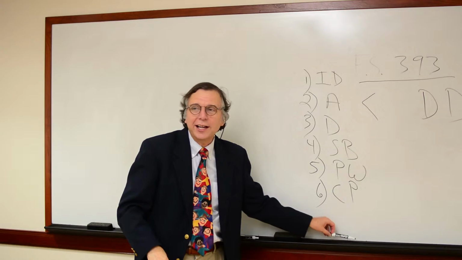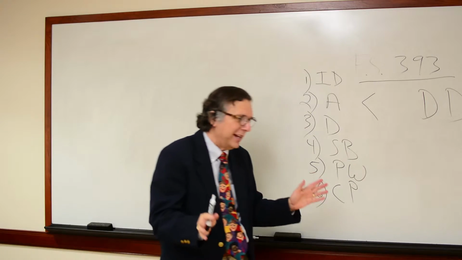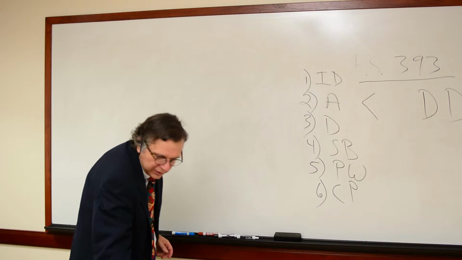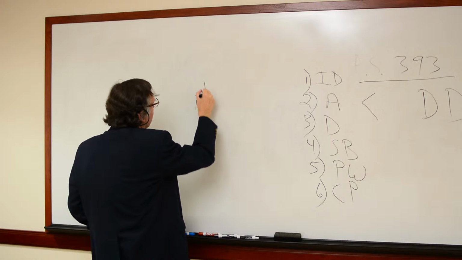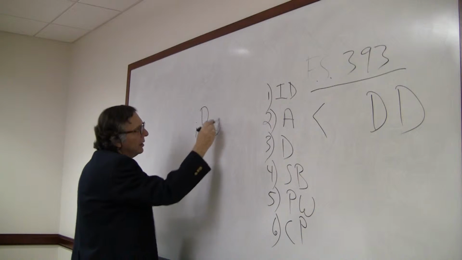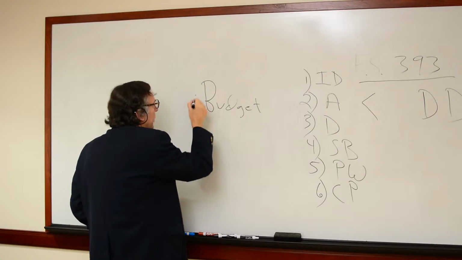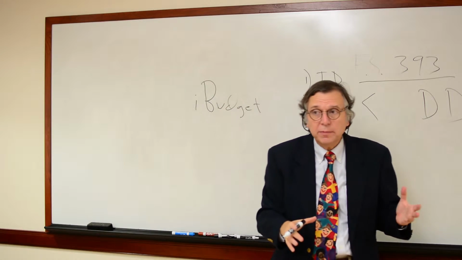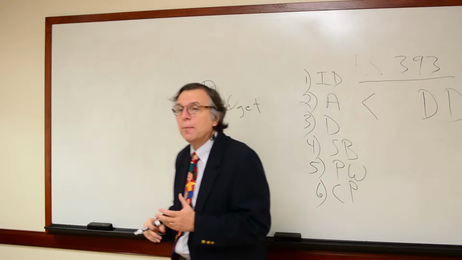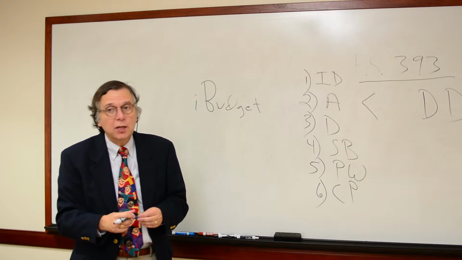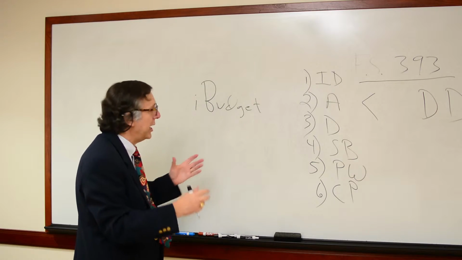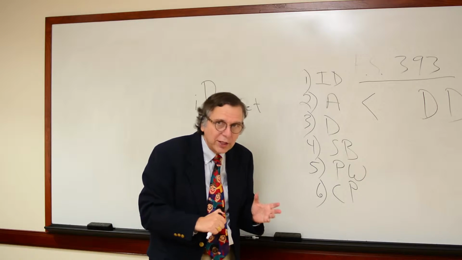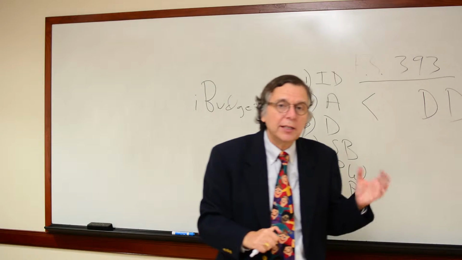As I said earlier, iBudget has nothing to do with iPhones or iPads. iBudget is the brand new, right out of the gate system of creating a budget for people who have the DD waiver, so that the person will have a lump sum of money for an entire year to use for providers to provide habilitation services.